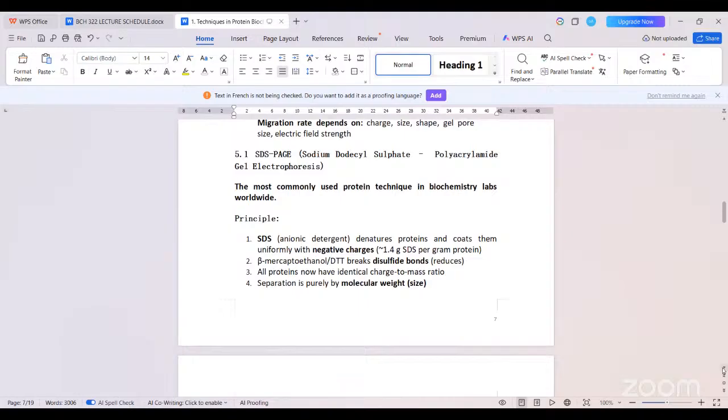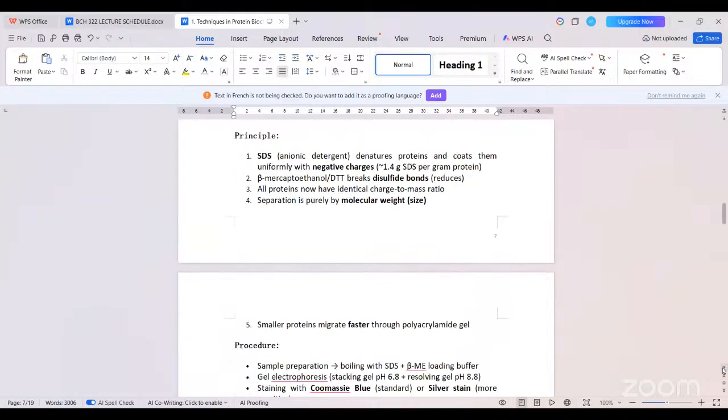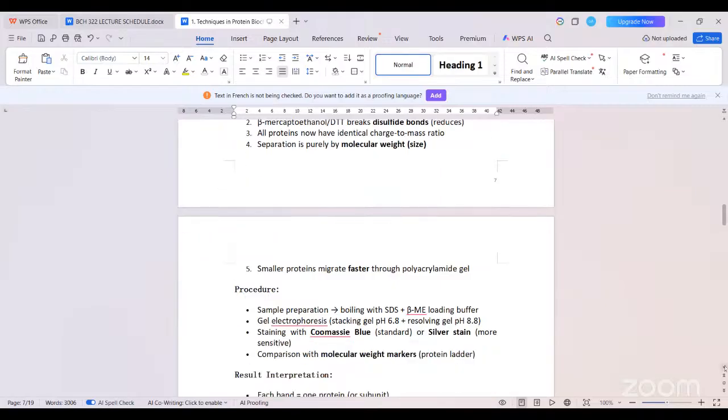Now, all proteins have identical charge to mass ratio, and separation is purely by molecular weight. So depending on how heavy or light the protein is, smaller proteins migrate faster, while the larger proteins migrate later. They come behind the smaller proteins.